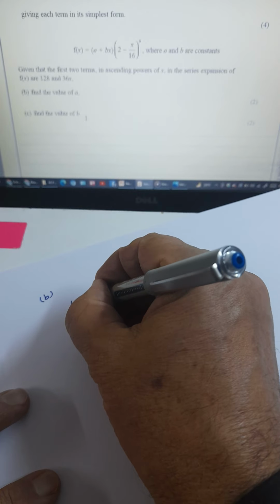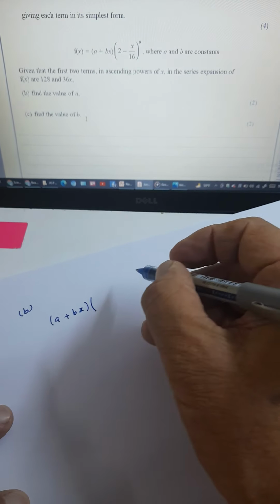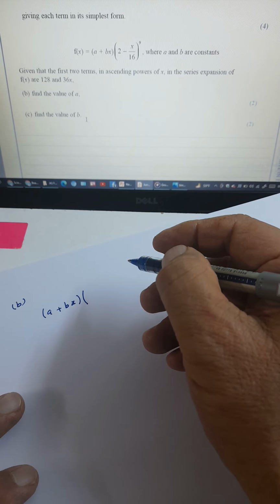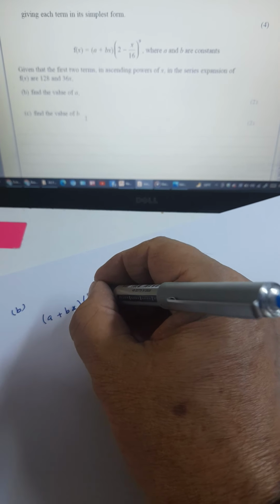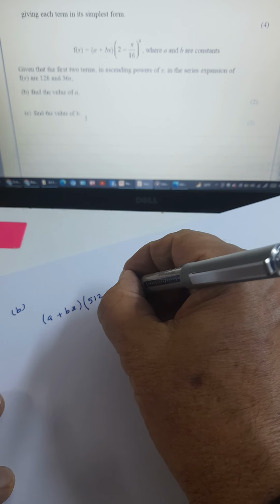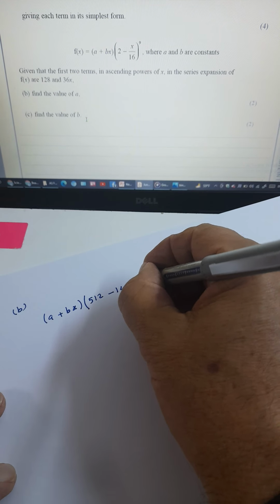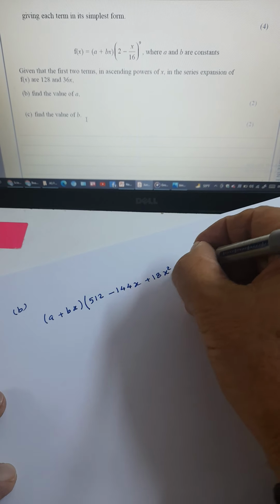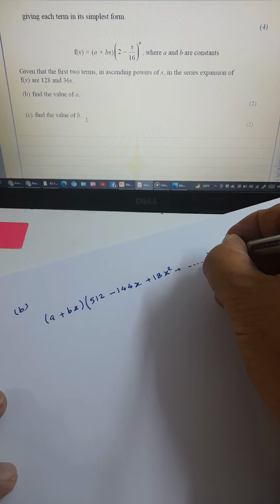A plus bx into (2 minus x over 16) to the power 9, which equals 512 minus 144x plus 18x squared plus etc. until the last term.